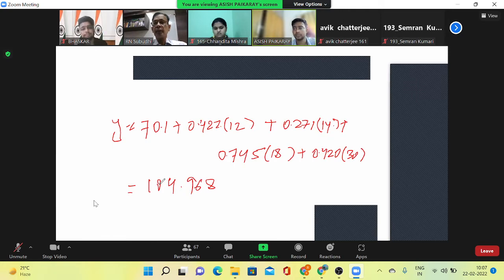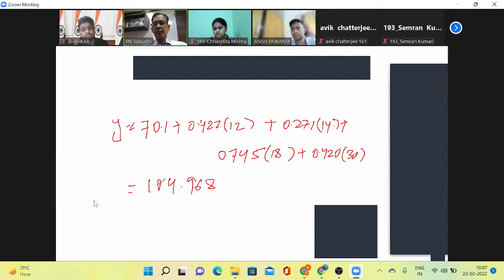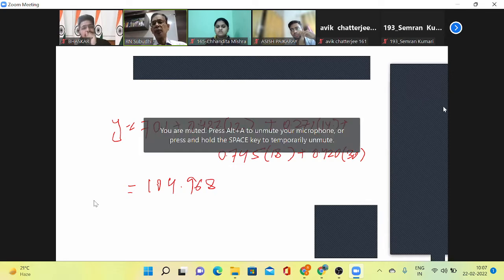If somebody, that somebody could be Bhaskar, Gautami, Chandita, if they have got this much score, you can predict what the sales figure would be for them if they take over. It could be in 1,000, it could be in million, whatever units they are given. So you can make a prediction. Okay, clear?